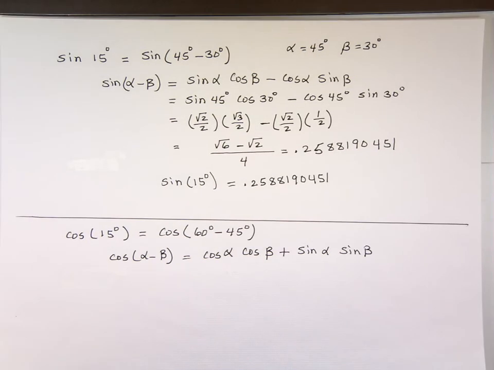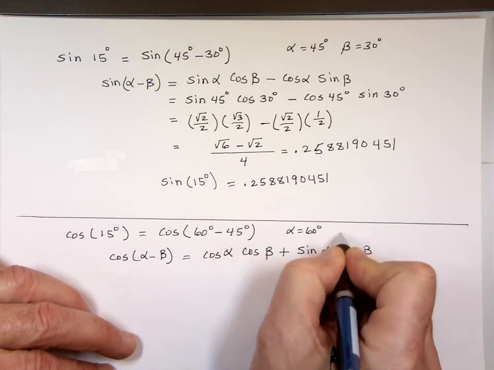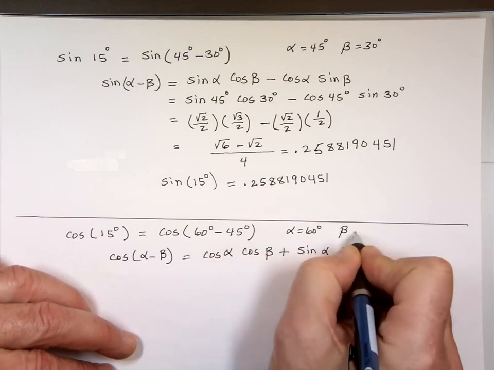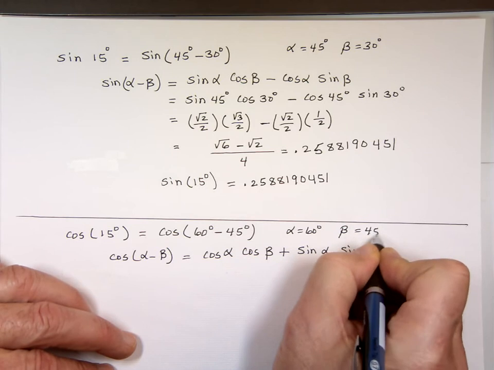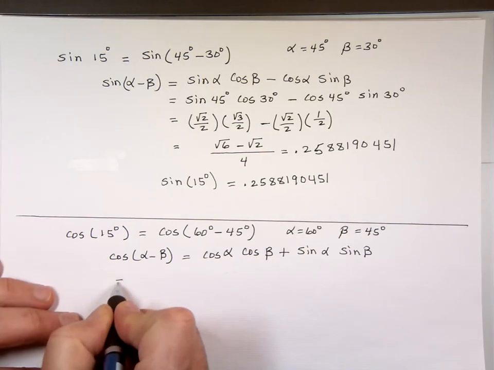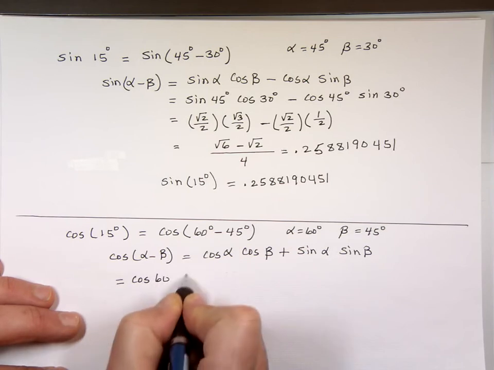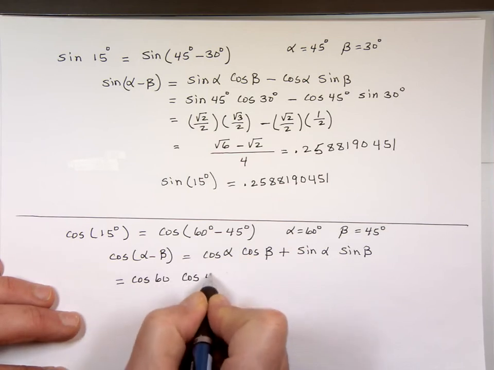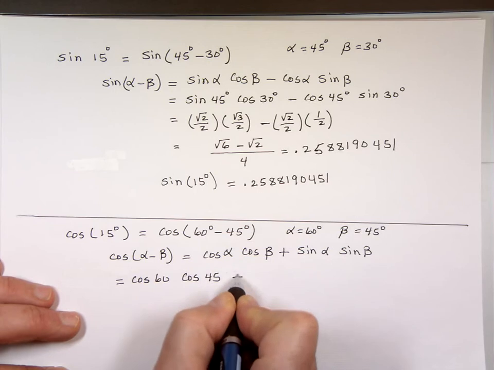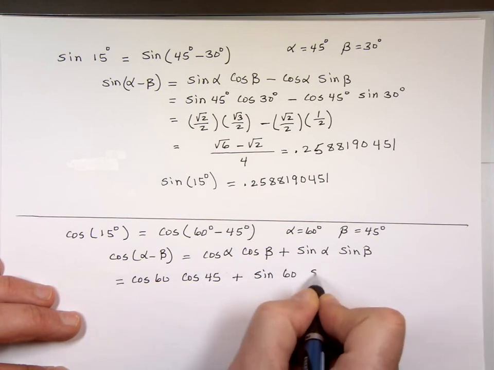Alpha is 60, yes. And what's beta in this example? 45. So this will be cosine of 60, alpha 60, cosine 45, plus sine 60, sine 45.